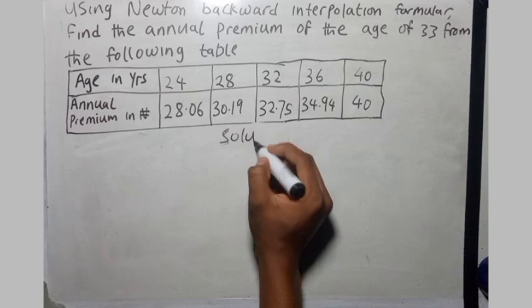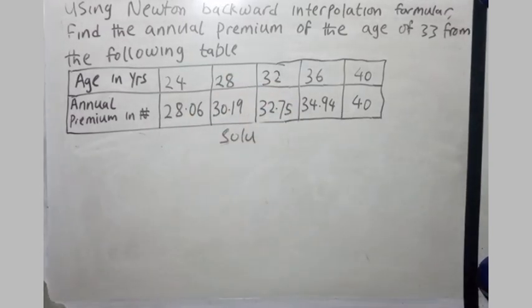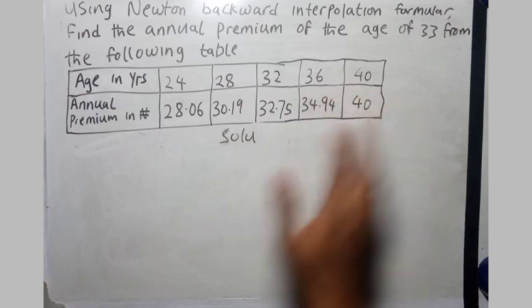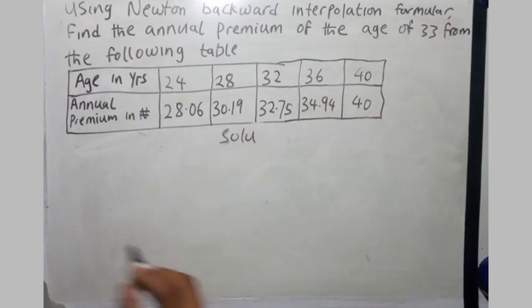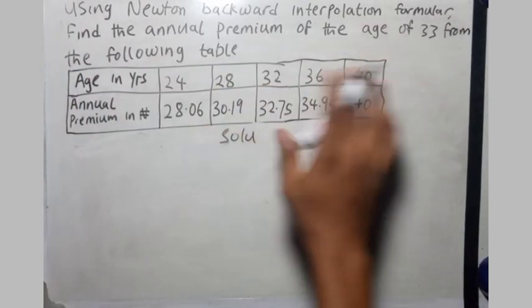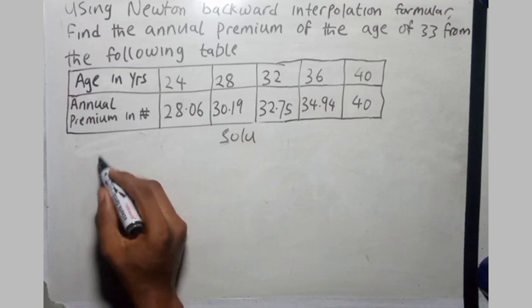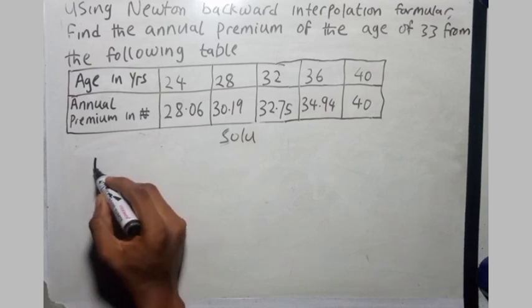Whether this table given to us satisfies all the requirements for Newton's backward method, we still need to get our h.